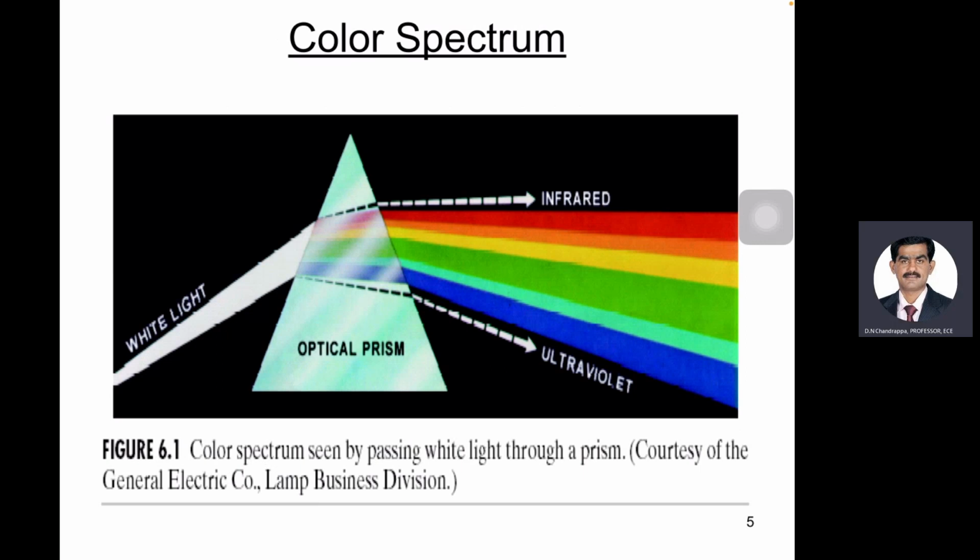So here in this diagram, it is called a color spectrum. Here the white light passes through a prism, then all 7 colors, that is what we call wavelengths.